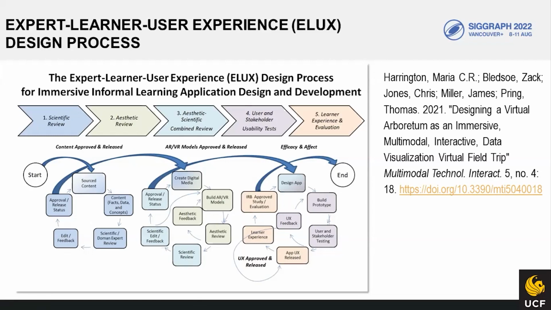And that cycled between the domain expert and the modeler, domain expert and modeler. They were working together to cycle to create the highest aesthetic and scientifically accurate models. And then it was approved and released by the domain expert, since that was their role and responsibility to approve that the model was indeed the correct visualization of the plant in the real world.